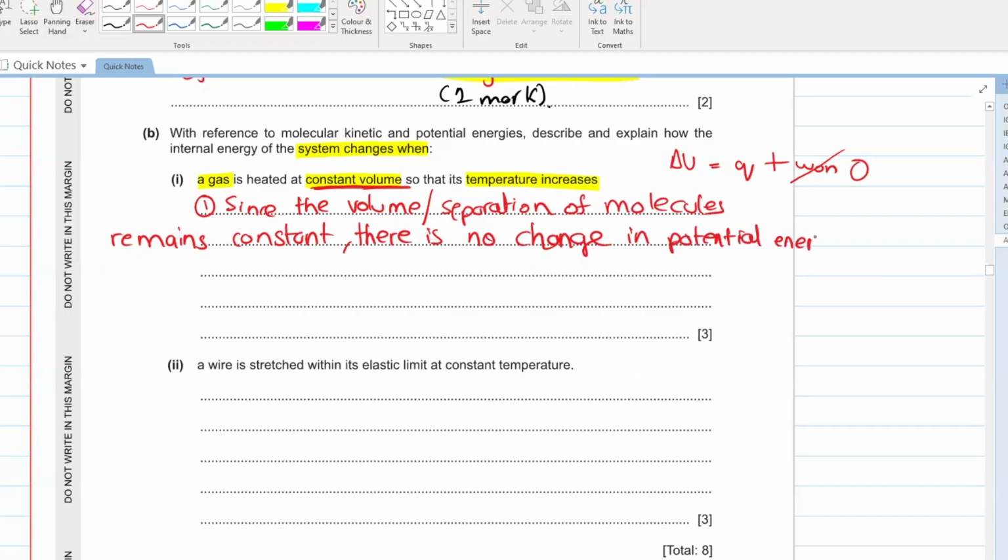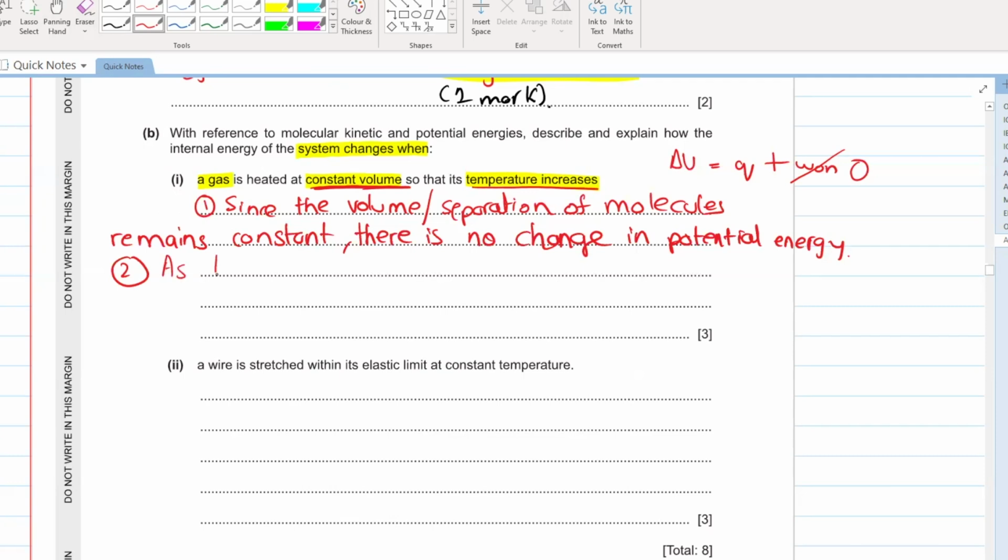Perfect. Second of all, what is happening? Your temperature is increasing, and what do we know? Temperature is directly proportional to kinetic energy. So what will you say?